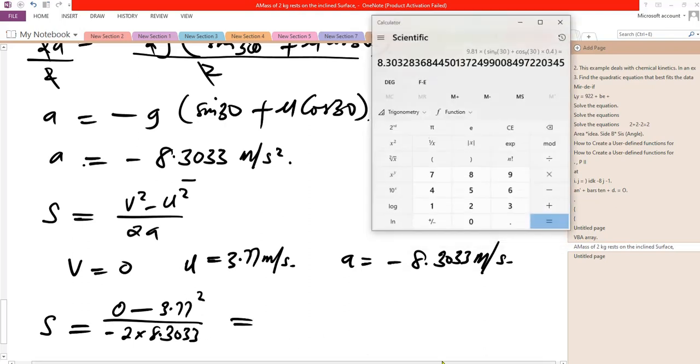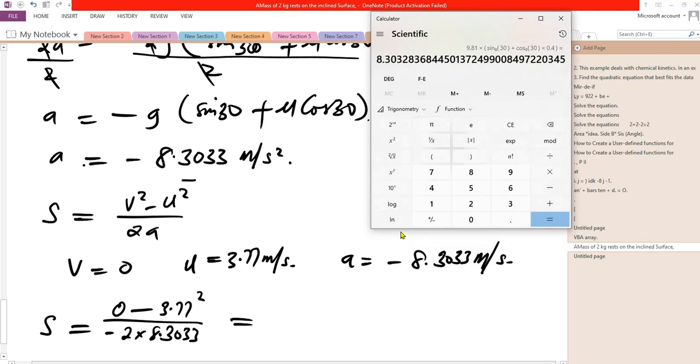Let's use the calculator. 3.77 square divided by 2 divided by 8.3033.